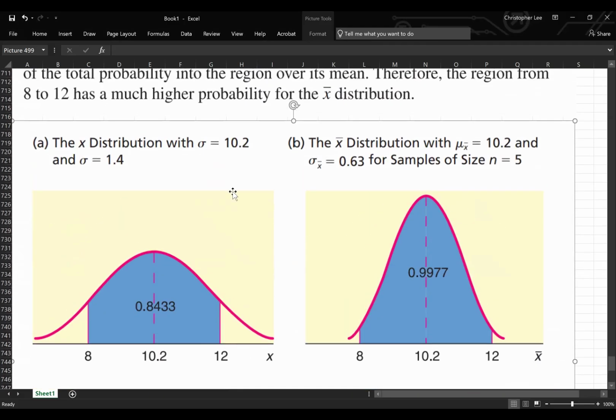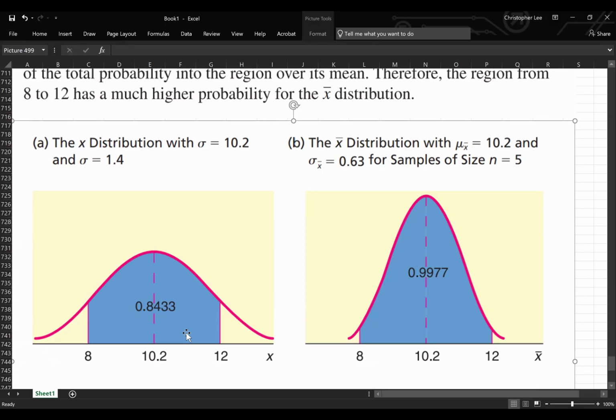Anyway, the X distribution with mu equal to 10.2 and sigma equal to 1.4 is this graph right here. You notice how it's more spread out, right?